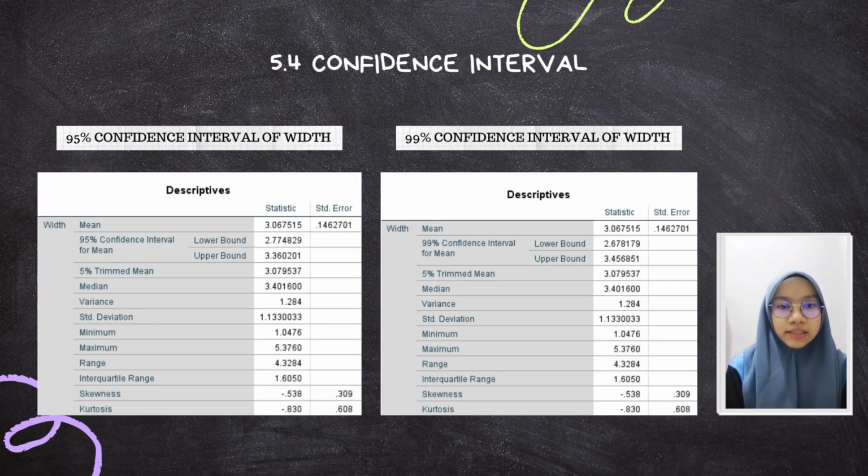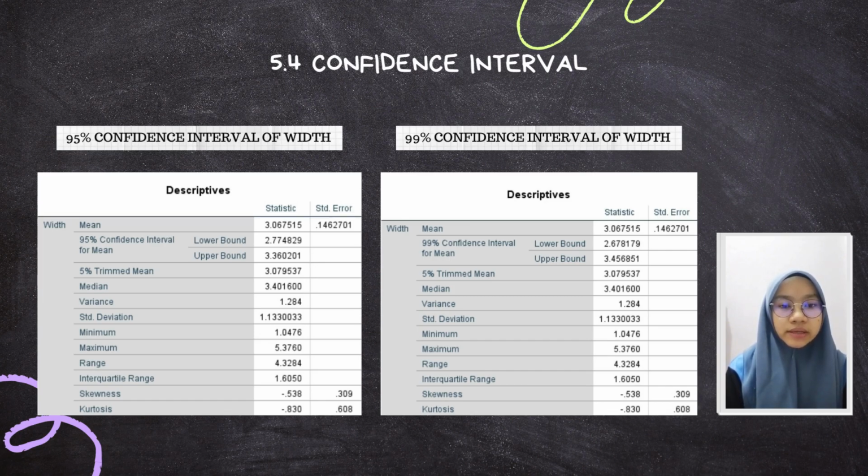Last for confidence interval is the 95% confidence interval of width. The lower and upper boundaries are 2.774829 and 3.360201. It also represents the standard error, which is 0.1462701. So it can be said that we are 95% confident that the population parameter is between 2.774829 and 3.360201. 99% confidence interval of width.